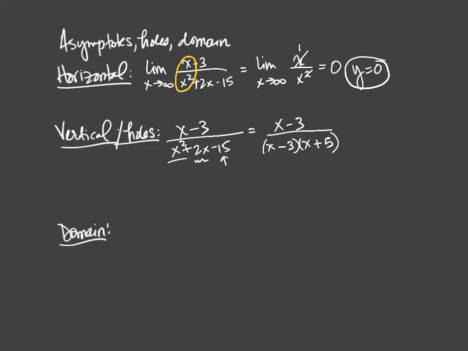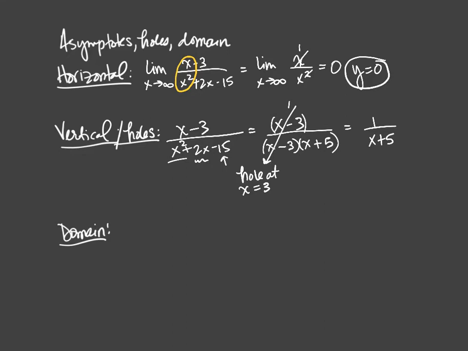And so now I note that I have an x minus 3 in the numerator and an x minus 3 in the denominator. So that's equivalent to 1. But when I do that, it is removing a 0 of the denominator, and that means we have a removable discontinuity, or a hole, at x equals 3, which would make the denominator and numerator 0, but now that it's simplified, it is no longer there, and hence the name removable discontinuity.